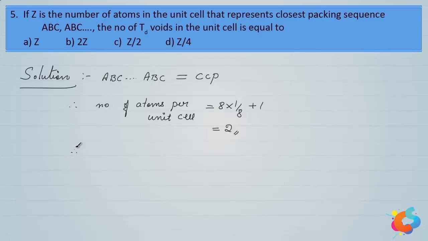Therefore, number of tetrahedral voids in a unit cell is two into number of atoms per unit cell, which is equal to 2Z. Therefore, tetrahedral void is 2Z, and the right option is option B.